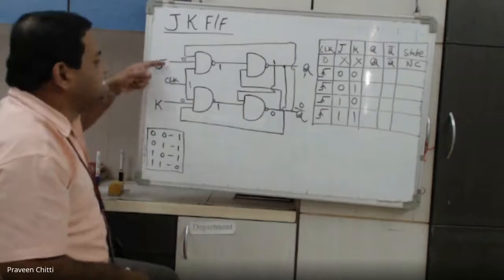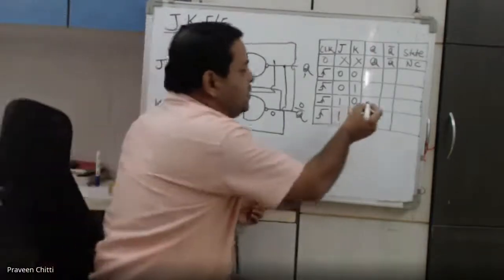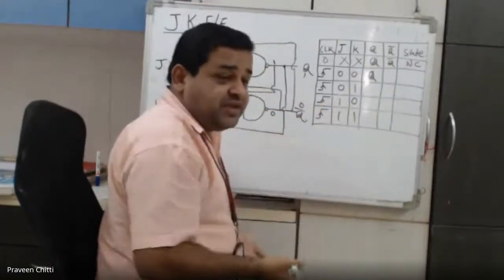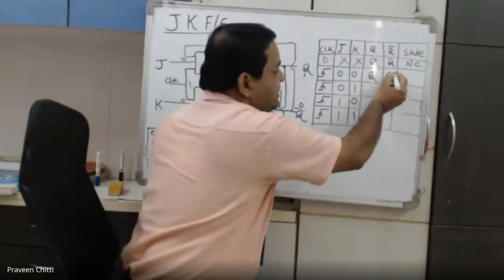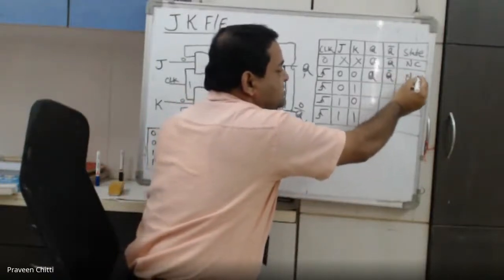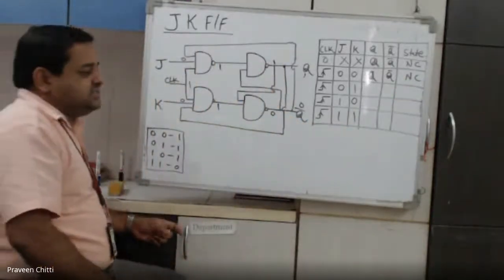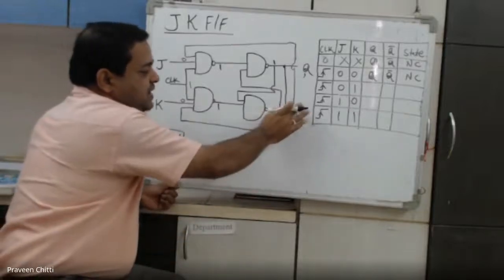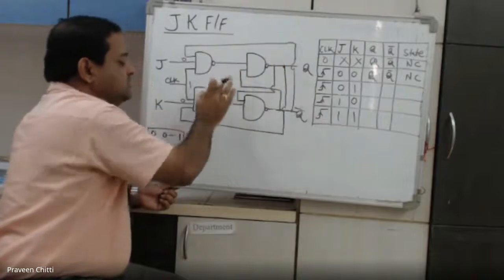That means when J equal to 0 and K equal to 0 is applied, Q remains Q. That means the previous value of Q is what Q will take, and Q bar remains Q bar. This state is also called the no change state. I hope it is clear. That is when we apply J equal to 0, K equal to 0.